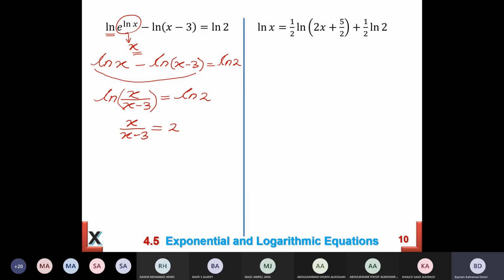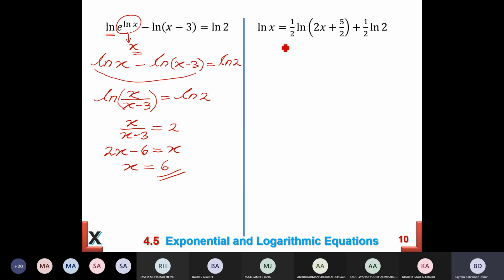Then, of course, the solution is simple. We have 2x minus 6 equals x, so you will get x equals 6. As you see, Shabab, you can check: 6 is accepted. 6 is okay.